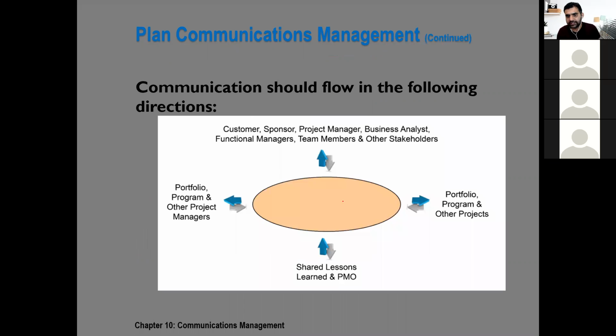When a project manager does the communication, this is a figure showing the flow of the communications. That is downward communications.